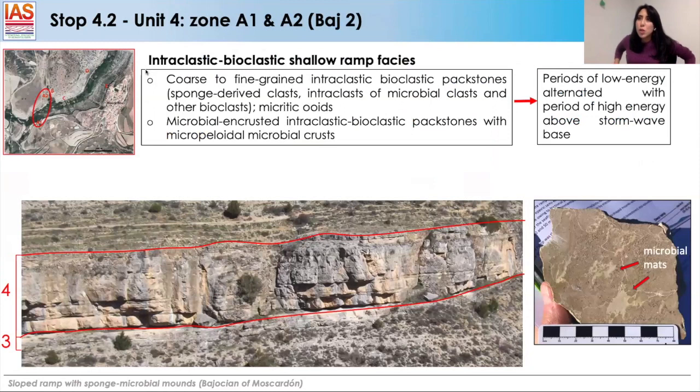We start from stop 4.2, so we are in unit 4, and we have this thick sequence made up by coarse to fine-grained intraclastic bioclastic packstone with clasts made up of sponges and intraclasts made of microbial clasts, and at the end a small amount of microetchoids.